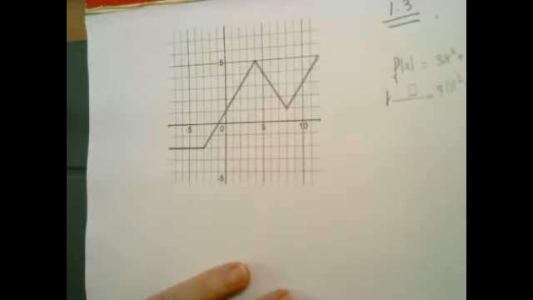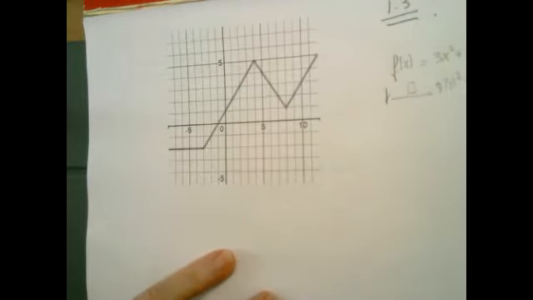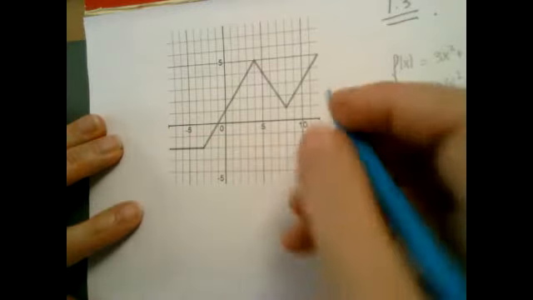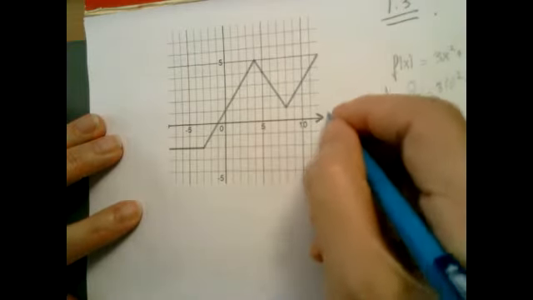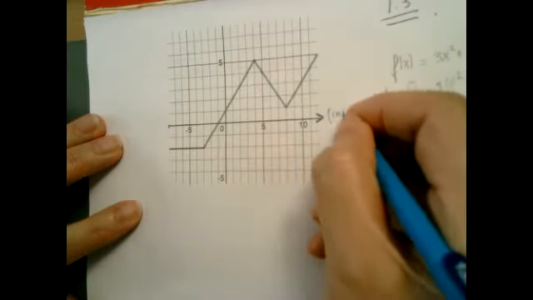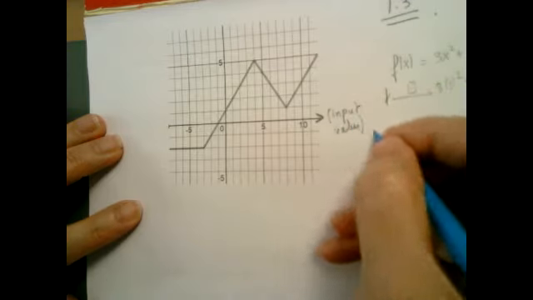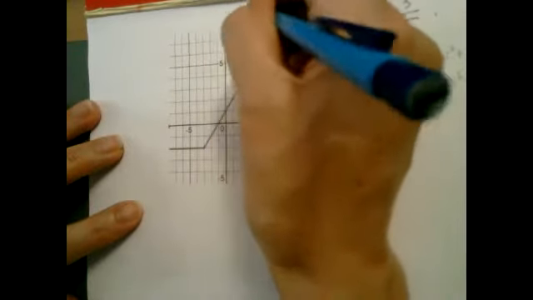A lot of time, the function will be given to us by a graph. So what does it mean that it's given to us by a graph? The graph consists of a picture, the way you see it. On the horizontal axis we put the input values, and on the vertical we put the output values.